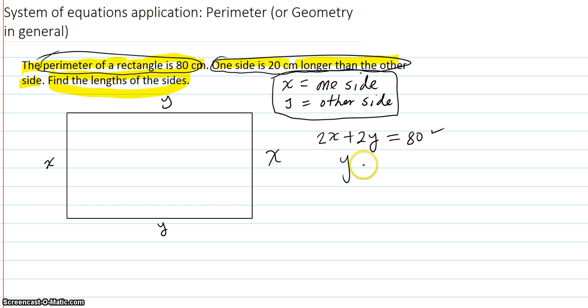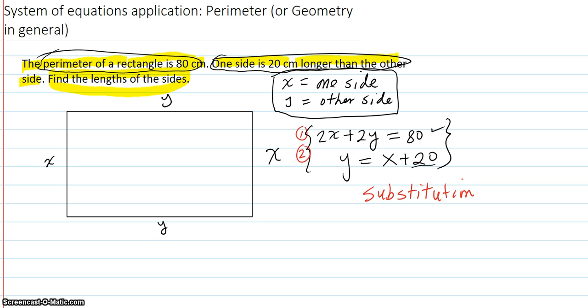So let's say y is 20 centimeters more than the other side. 20 centimeters longer. So if x is here, you add 20 to get to y. Y is 20 centimeters longer. So there's your two equations. And now we're going to solve those.